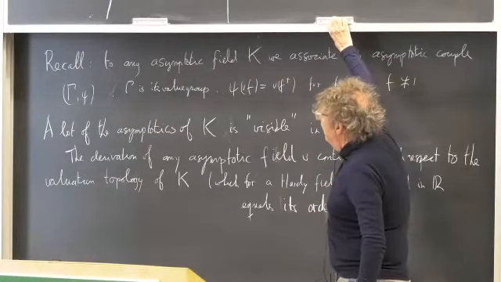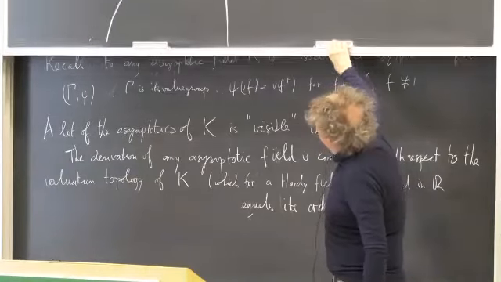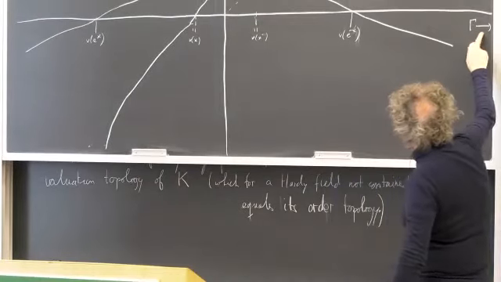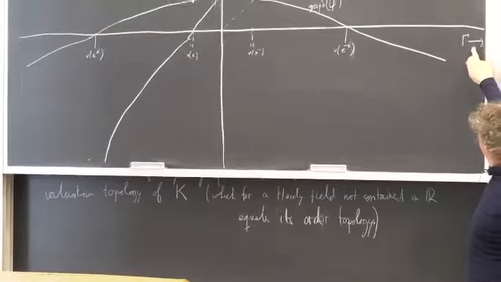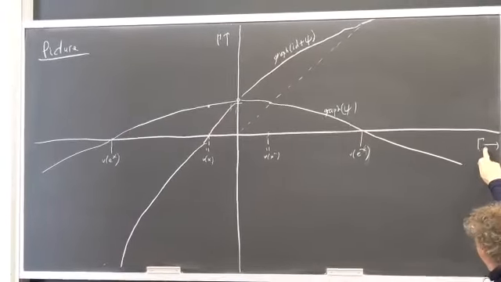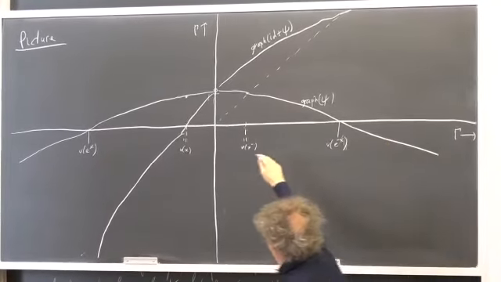So I want to highlight a picture of the asymptotic couple, right? The x-axis here, you think of the points as elements in gamma, which become bigger and bigger in this direction.